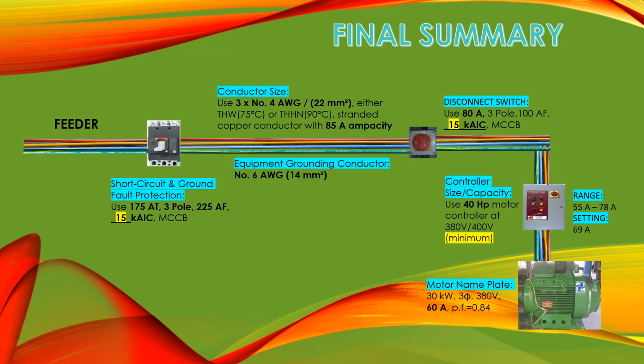Now, as a final summary, let us again overview that motor branch circuit. We have the breaker, conductor size, equipment ground conductor, isolator, disconnecting means, controller, and the motor nameplate. See here, initially we have 22 mm squared or number 4. This is during the time the length of the conductor considered is equal or less than 30 meters.